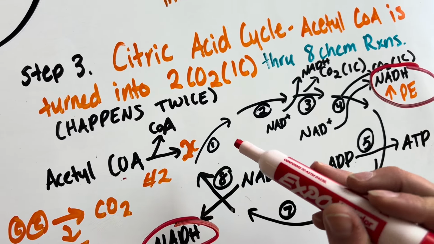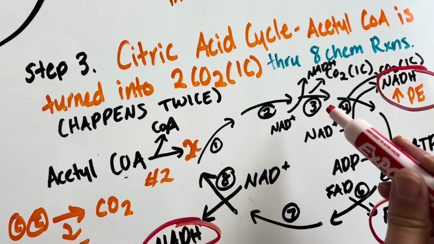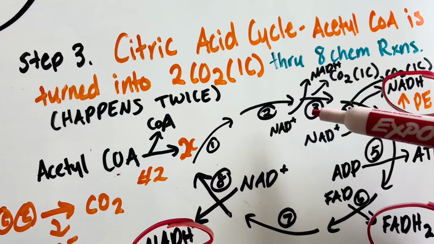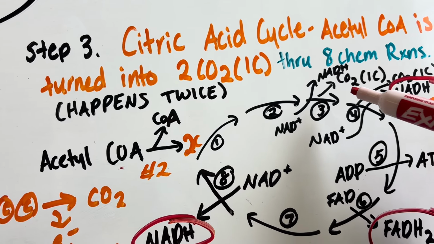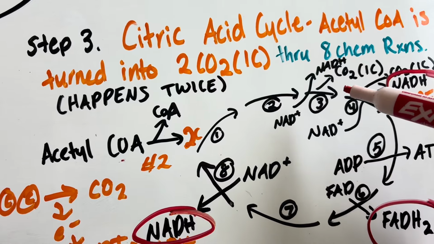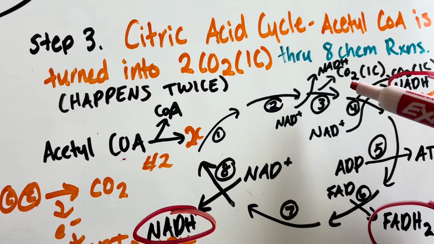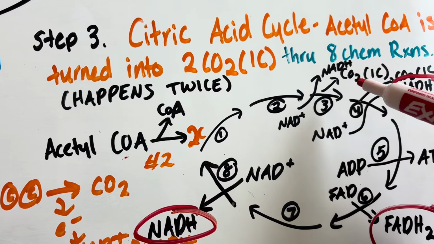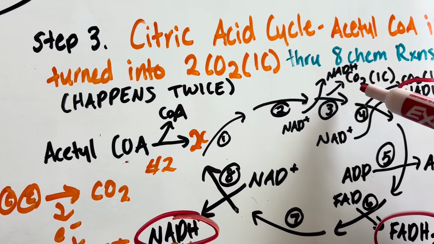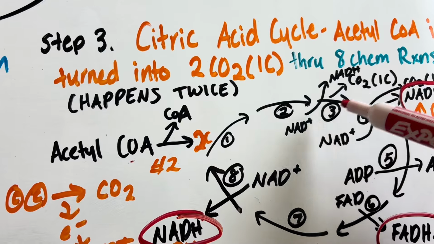These 8 chemical reactions, 1, 2, during number 3, we're gonna get carbon dioxide, and so we've oxidized it. Remember, OIL RIG: oxidation is loss. So by oxidizing and getting this CO2, we lost an electron, and then reduction is gain.